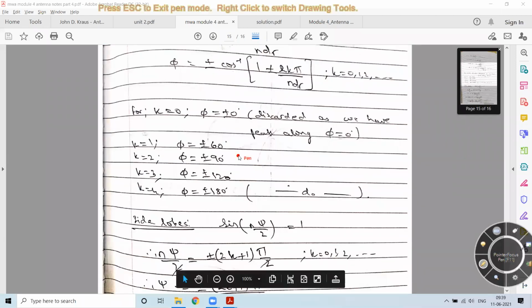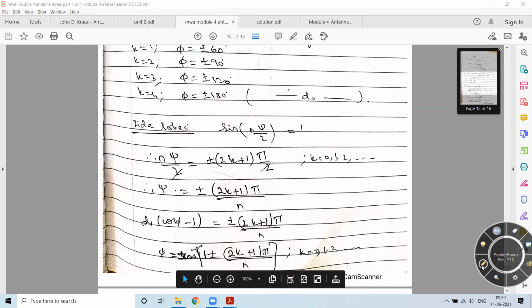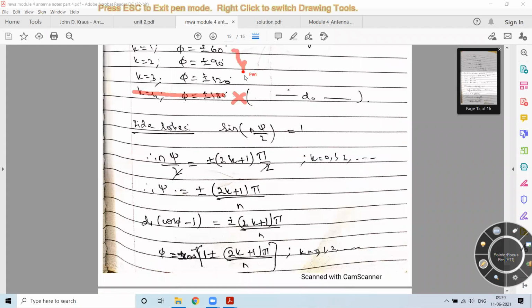Here we can see that the direction of nulls is plus minus 60, plus minus 90, plus minus 120, and plus minus 180. Now this condition I cannot consider, because at plus minus 180 degrees I already have a maxima. So I have to discard this value. Only at these 3 points will I have the nulls.